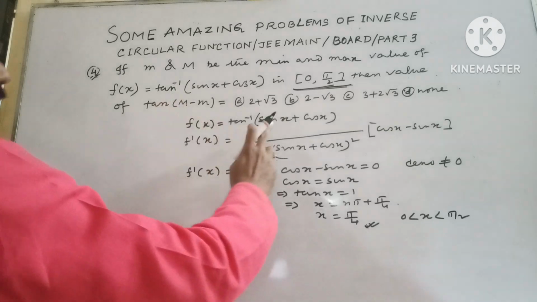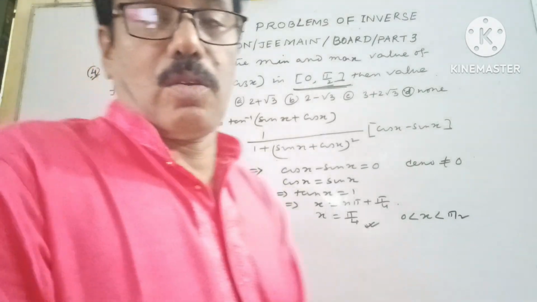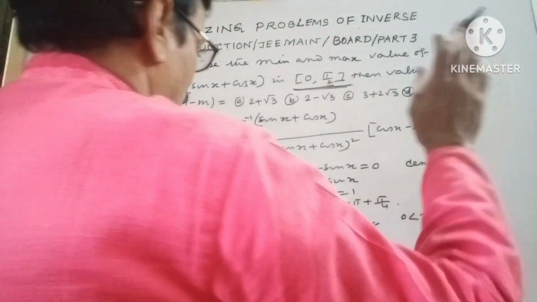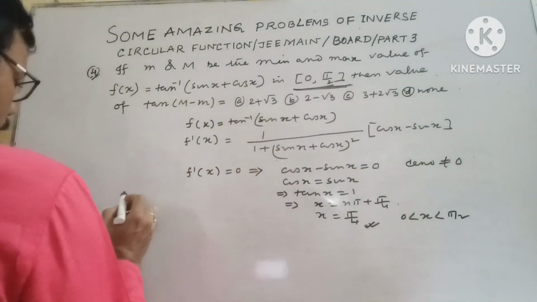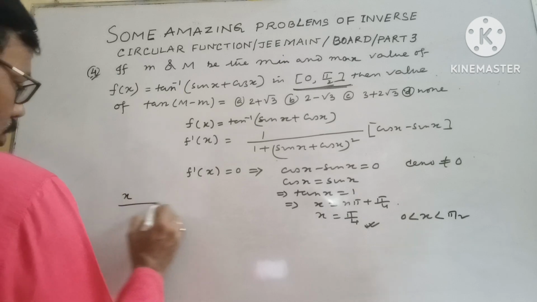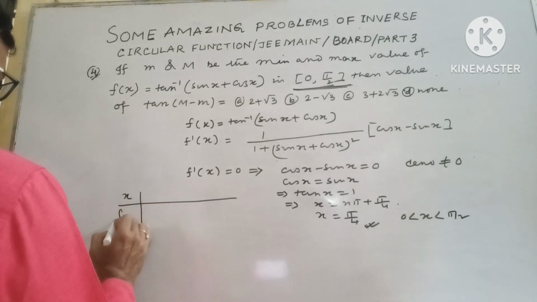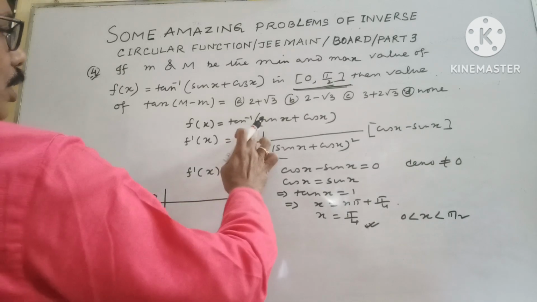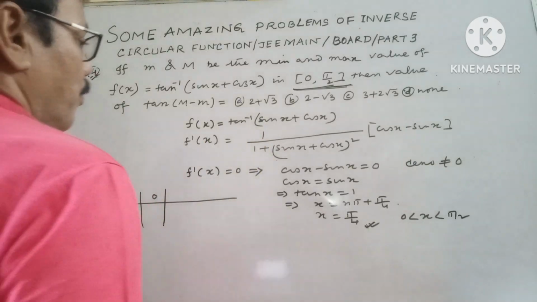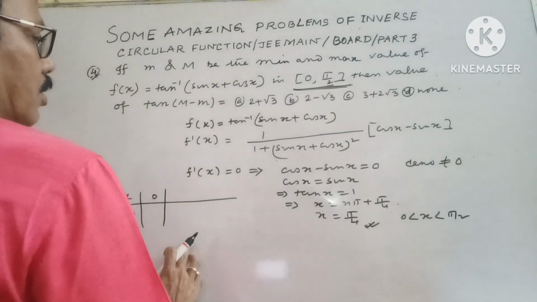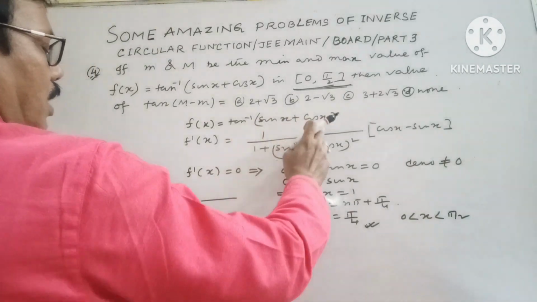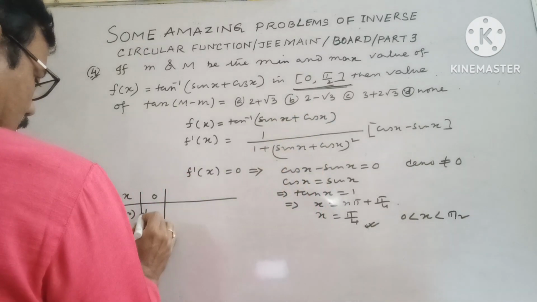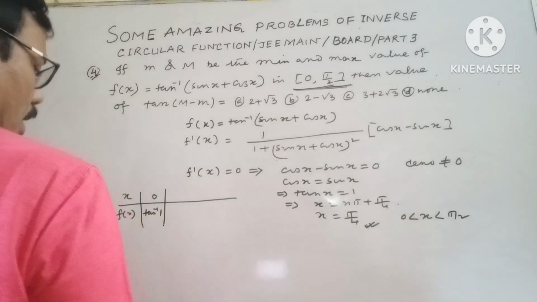We are not considering only local maxima or minima, we are also considering absolute maxima and absolute minima. So at x equals 0, this is tan inverse of (0 + cos 0), cos 0 is 1, so this is tan inverse 1.